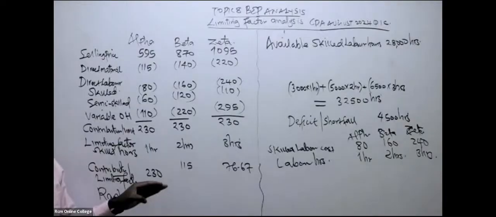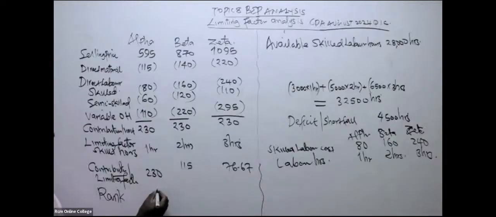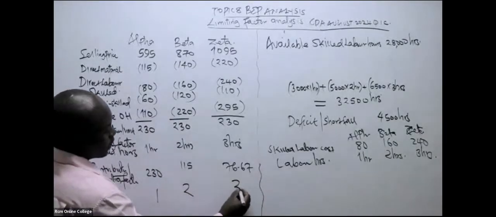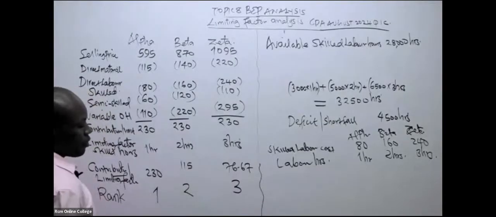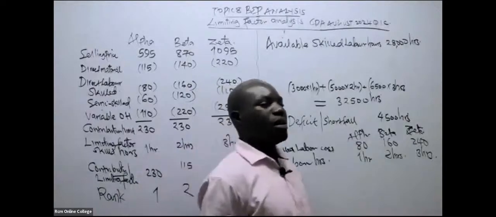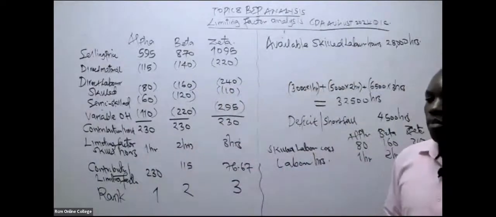The one with the highest benefit per limited resource. So alpha will be number 1, followed by beta, followed by zeta. If you are to do production, you must start with the most profitable product.